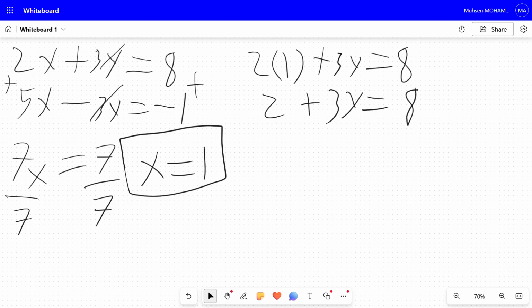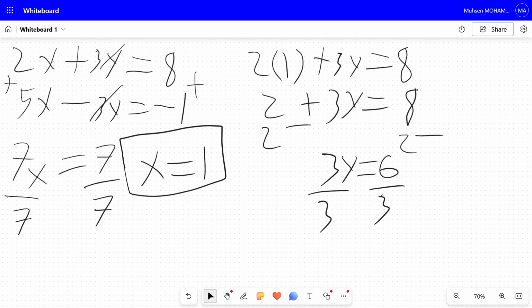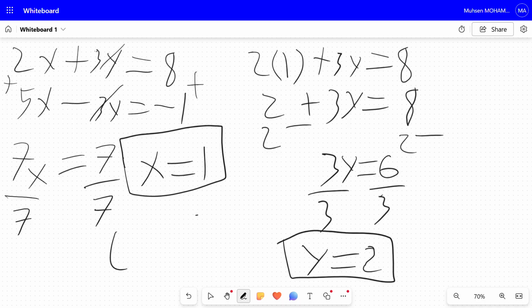Now I can continue normally by subtracting 2 on both sides, which would give me 3y is equal to 6. Now I divide by 3 on both sides, which would give me y is equal to 2. So now I was able to find both values of the variables, which is 1 and 2.